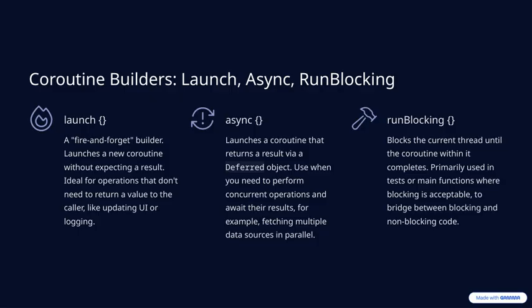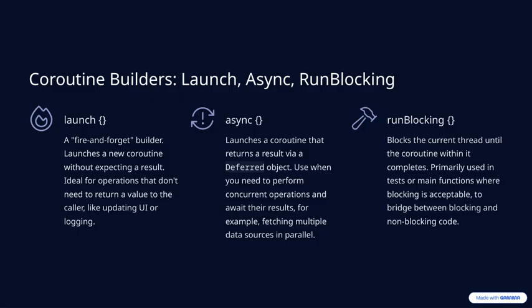Next, we have async. This one is used when you want to perform concurrent operations and get results from them. It launches a coroutine that returns a Deferred object, which you can await later to get the result. Think of it as a way to fetch multiple data sources at the same time, improving efficiency. Finally, there's runBlocking. This one blocks the current thread until the coroutine inside it completes.